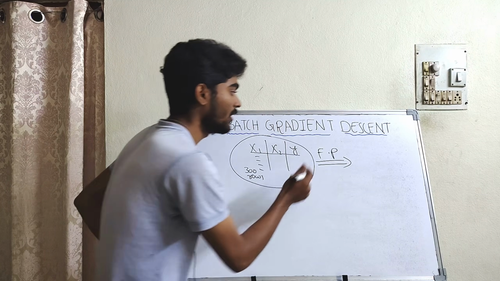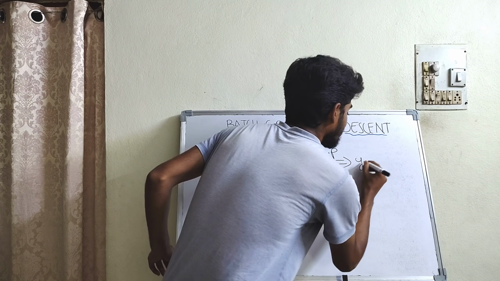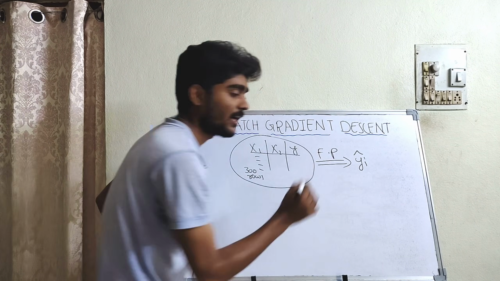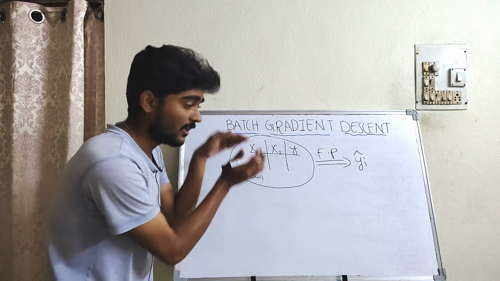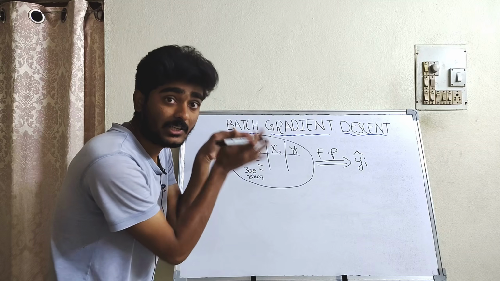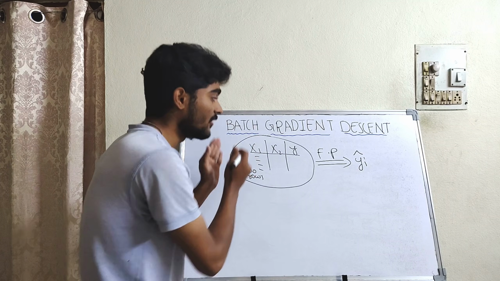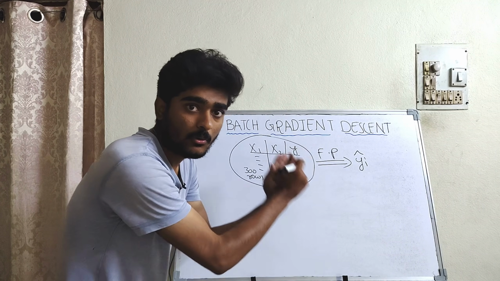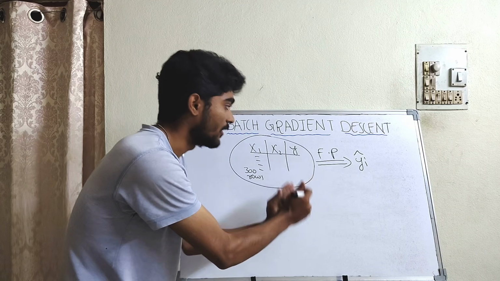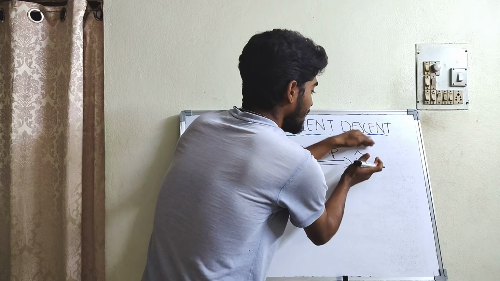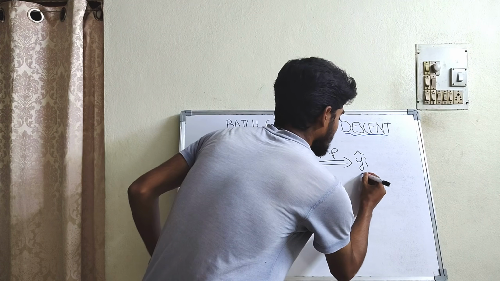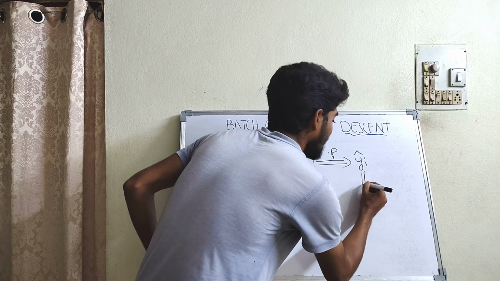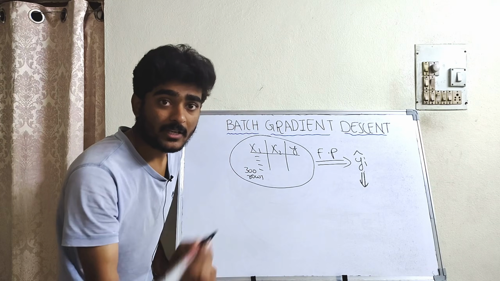Initially we are calculating yi hat. The entire 300 rows of data are given at once as input to our model, and yi hat is calculated. After calculating y hat, you determine the loss.